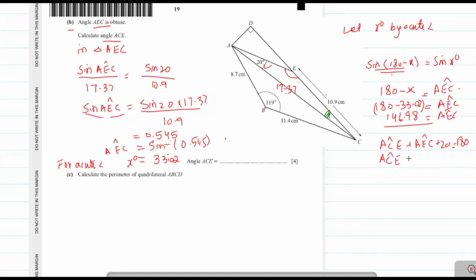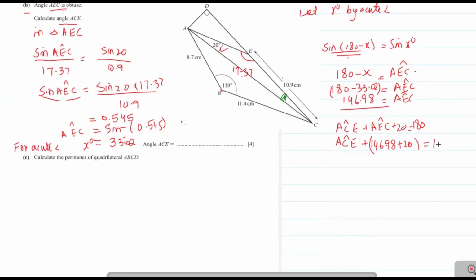We write as it is, and the angle AEC here is 146.98 plus 20 equal to 180, and this ACE will be equal to 180 minus 166.98, and this will be equal to 13.02, and this is the answer.